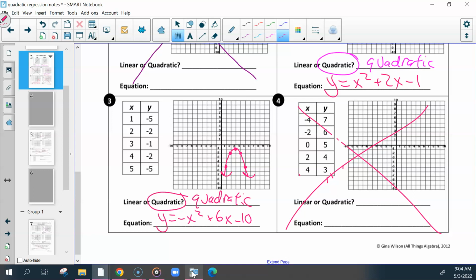Are there any ways to find the equation by hand without a calculator? Yes, but you won't be learning that in here. That is like an Algebra 2 thing.